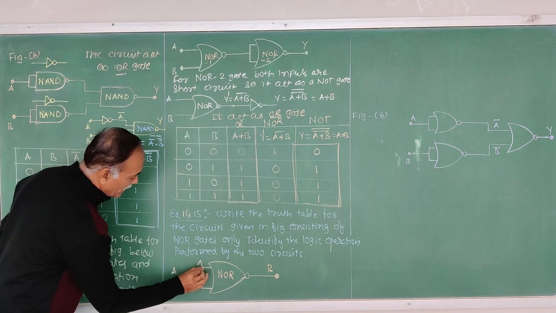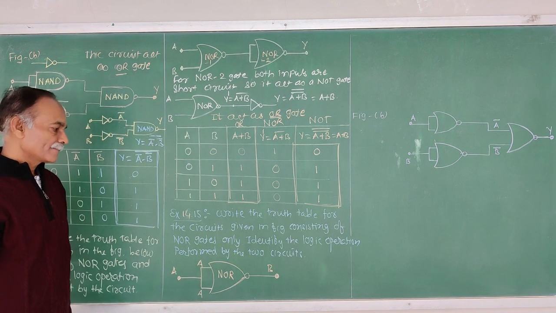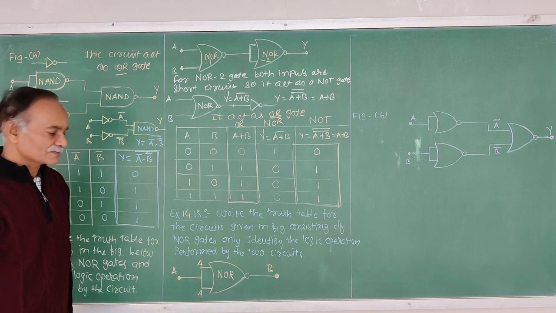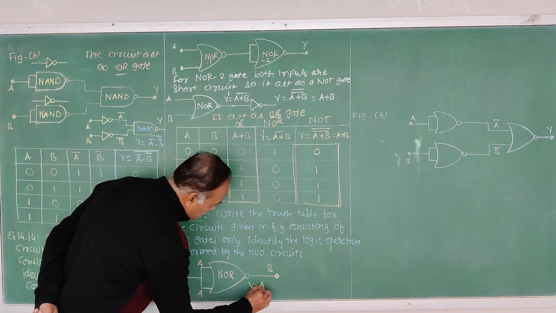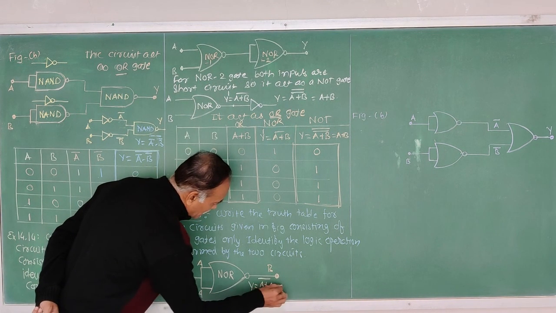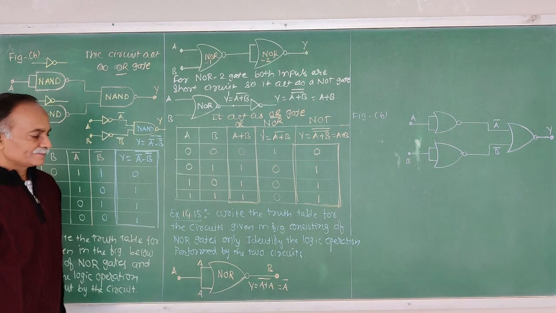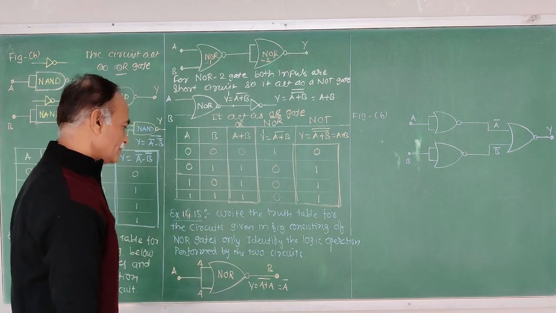There is also A and A. Right? Therefore, output is A plus A bar, whole bar. That means only A bar. So we have to prepare the truth table.